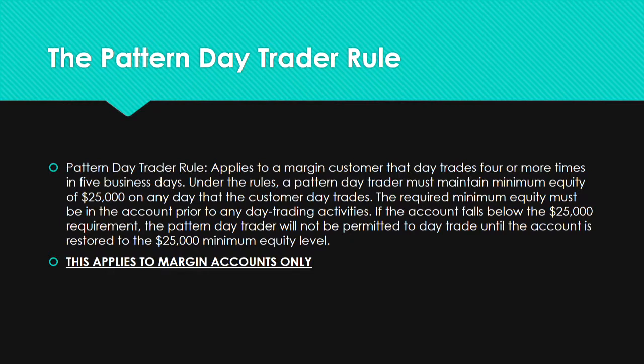The required minimum equity must be in the account prior to any day trading activities. If the account falls below the $25,000 requirement, then the pattern day trader will not be permitted to day trade until the account is restored to the $25,000 minimum equity level.